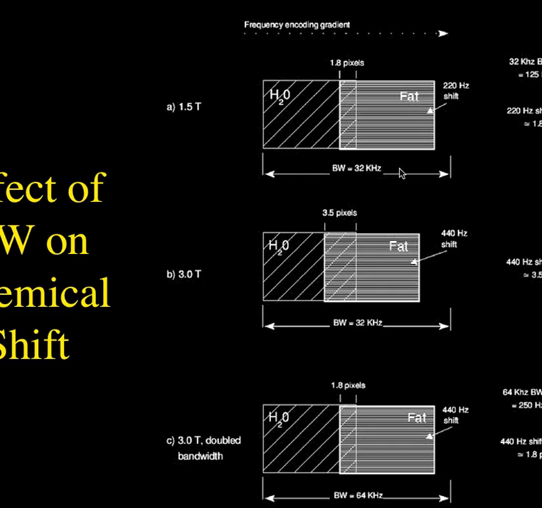And changing the transmit bandwidth changes the slice thickness of the slices, right? You'll probably not hear much about transmit bandwidth in the future. When you hear bandwidth in MR, what people almost always are talking about is the receiver bandwidth. And that's what you can change at the time of the scan.